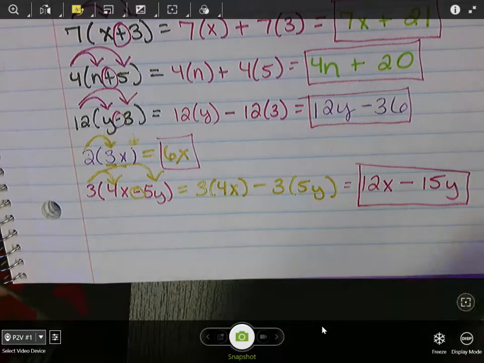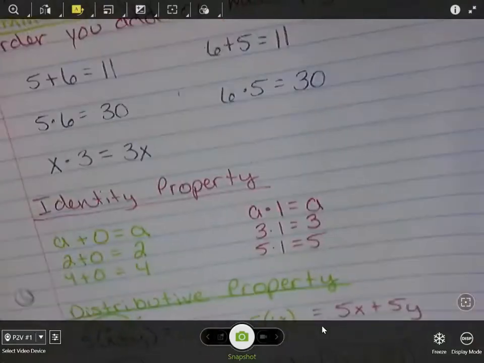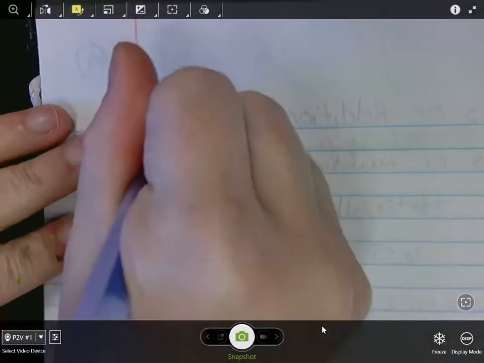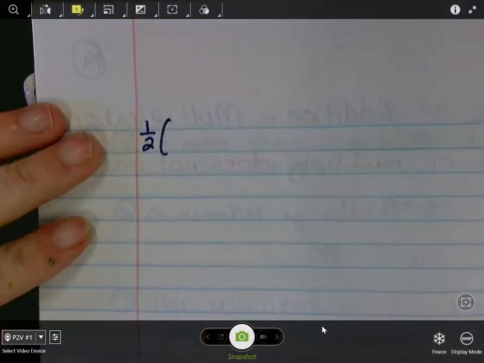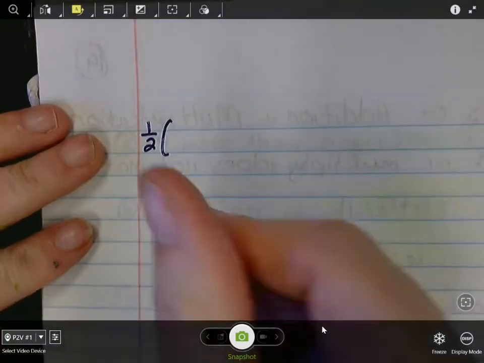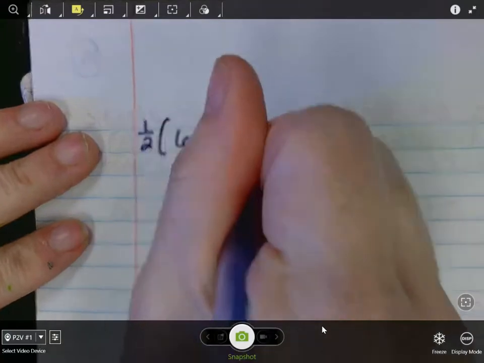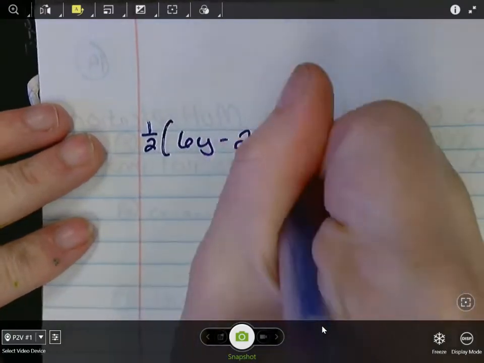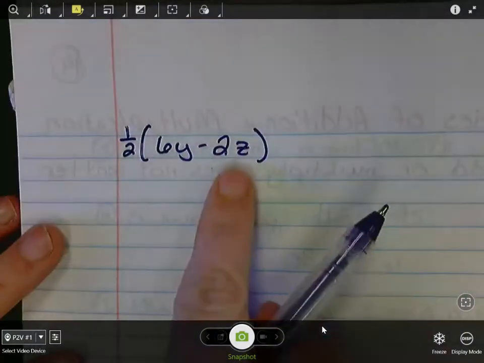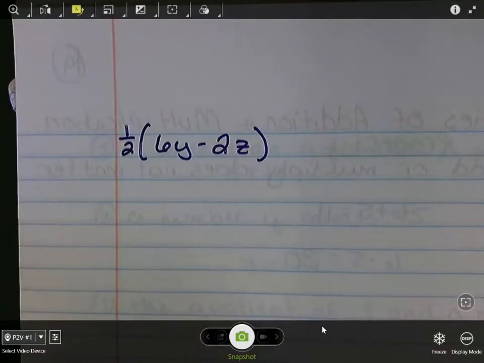All right, let's try another example. Okay, 1/2 times 6y minus 2z. And my Z's, I write like that because my Z's and my 2's look a lot alike sometimes.